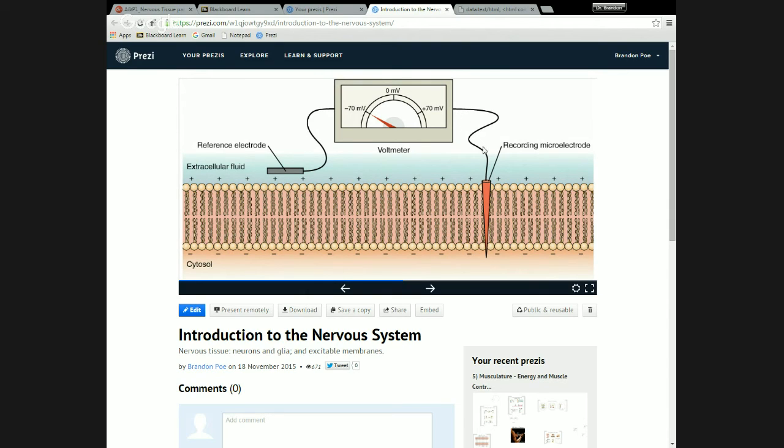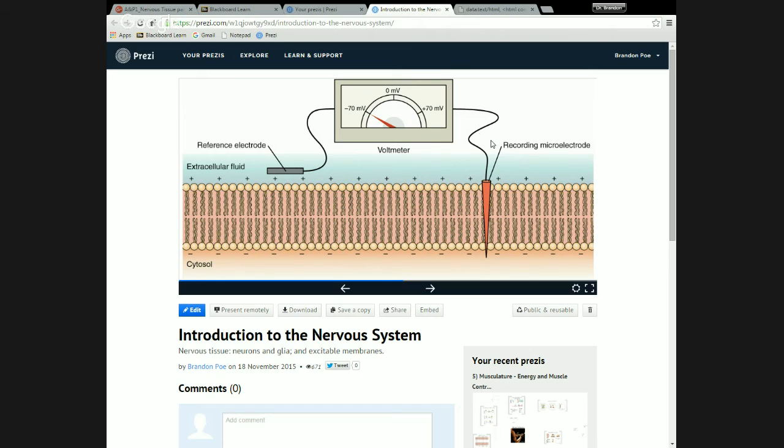This electrode here is actually a wire that goes through a little glass micropipette or glass needle, so that the wire is essentially inside the cell and not outside the cell. Now, for this picture to be drawn really appropriately, the red recording microelectrode needle should extend outside of the extracellular fluid.